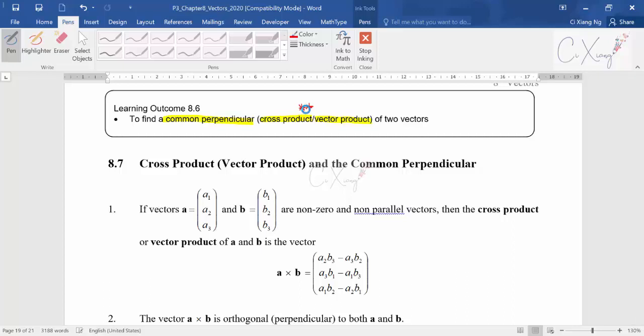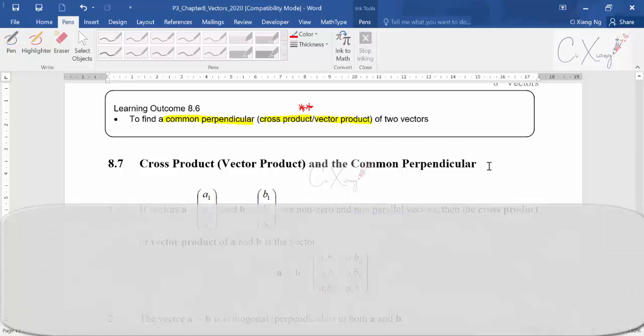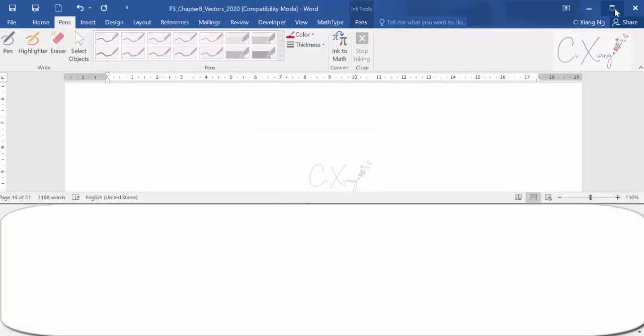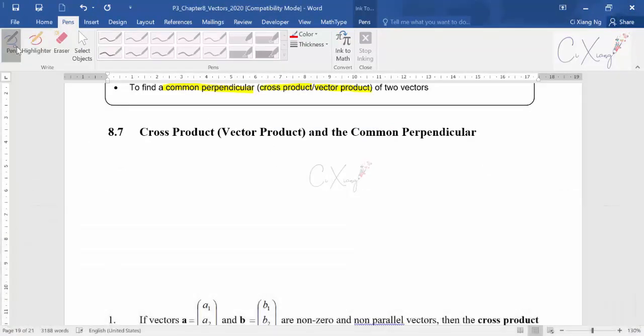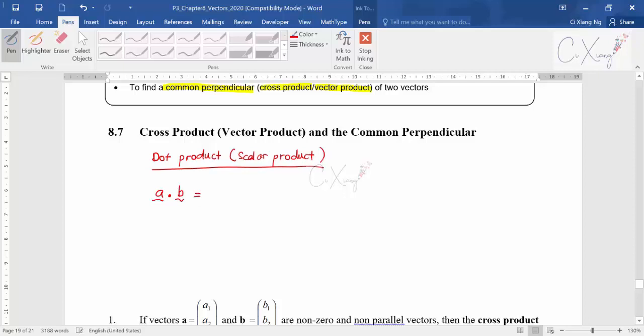Before we start the detail, just to recall, earlier in this chapter we learned the dot product, which we also call the scalar product. For the dot product, generally you have vector A dot vector B, equals to, after you carry out this operation, a number.